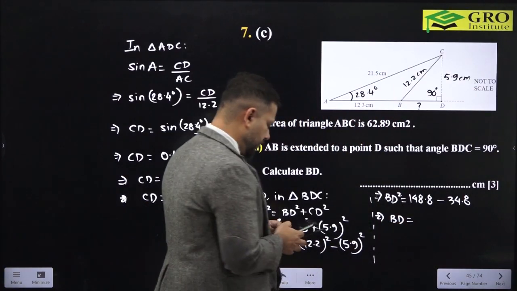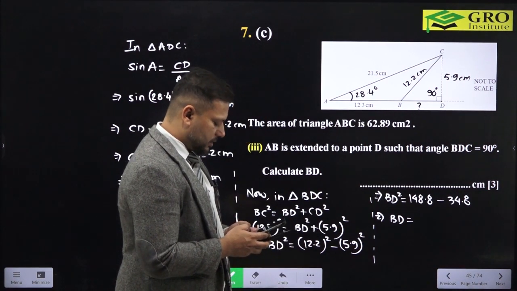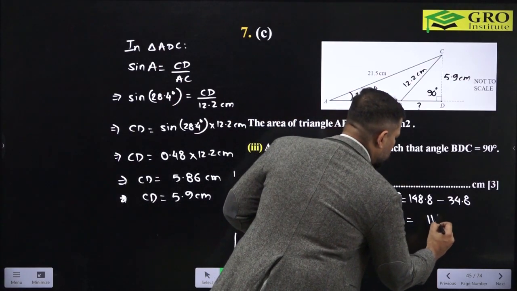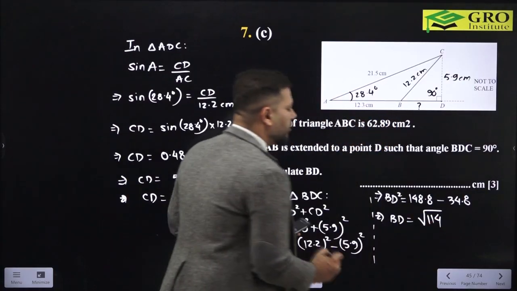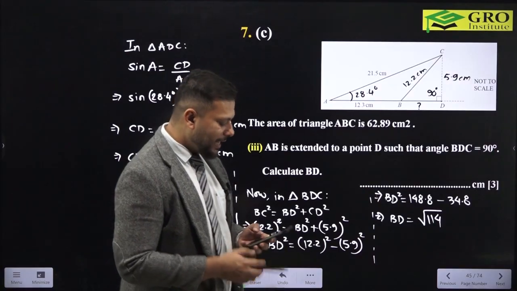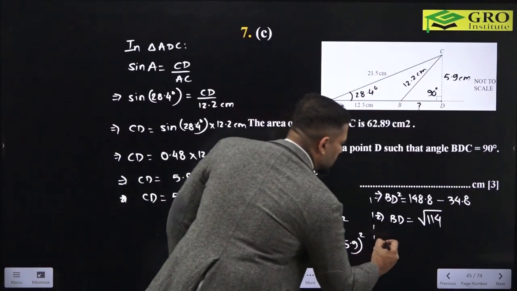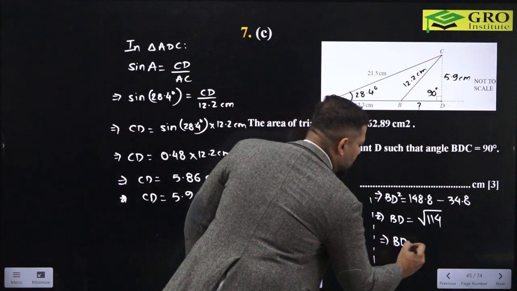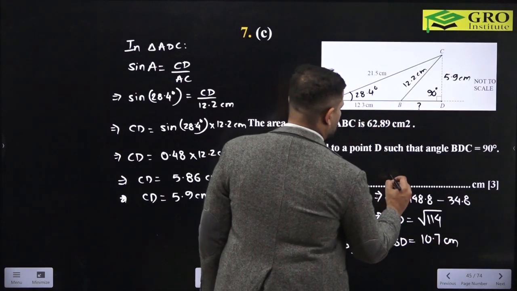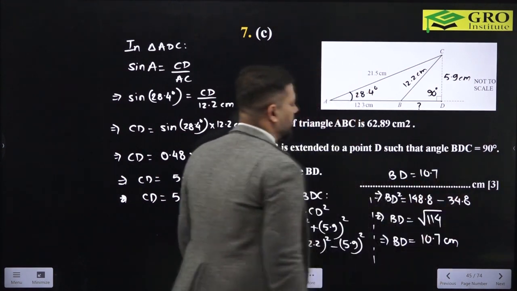If we find out the difference, it is going to be 148.8 minus 34.8, that is 114. So the square root of 114 will give us the length of BD. So let us quickly get its square root. So we are getting it as 10.7 centimeter, guys. So this gives us the value of BD to be 10.7 centimeter. Let us write it. BD is equal to 10.7 centimeters.